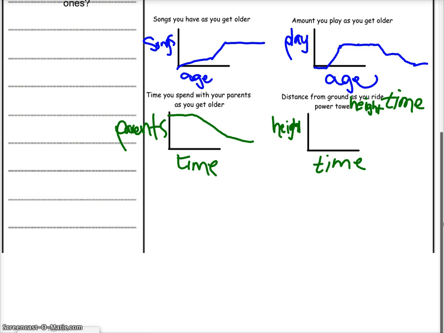So when you haven't been on the ride, how high up are you off the ground? Nothing. And then now it depends which power tower you're riding. I'm gonna say the one that shoots you down. Okay. And 3, 2, and 1. Okay, so you start nowhere and then you slowly start getting higher than you should be in the whole entire world.